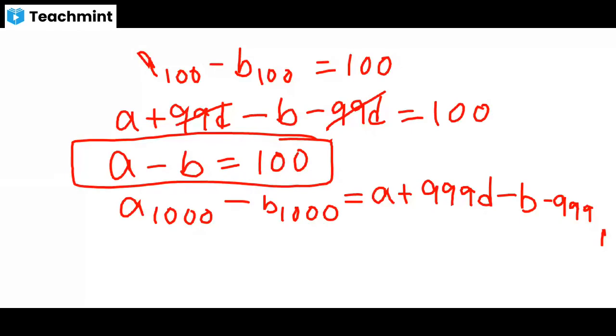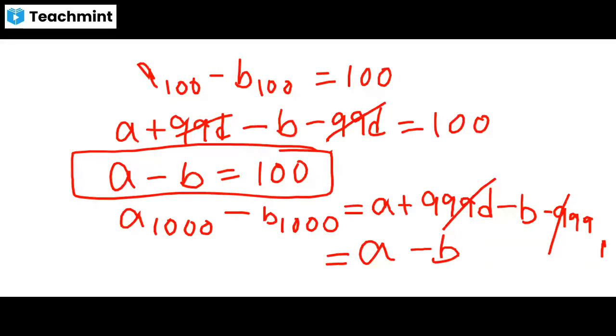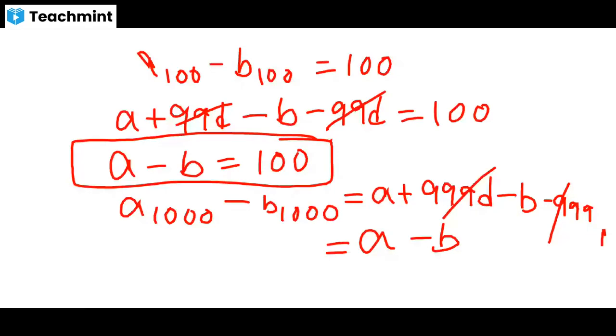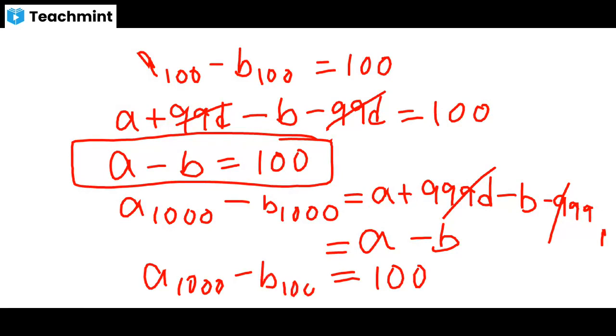Can you cancel anything in this? Yes, miss. Plus 999D minus 999D cancels. So what are you left with? A minus B is equal to 100. So A minus B, what did you get? 100. So the difference between the 1000th terms is also 100.